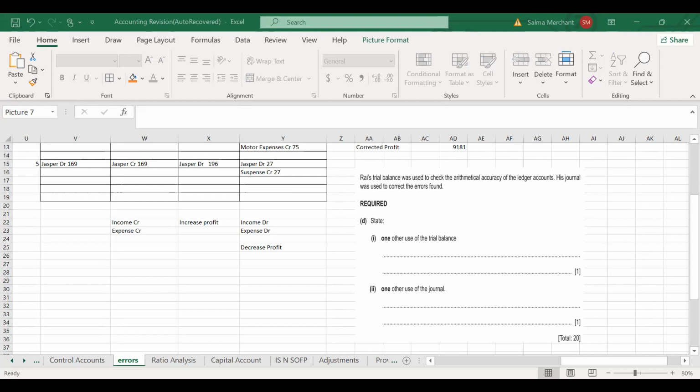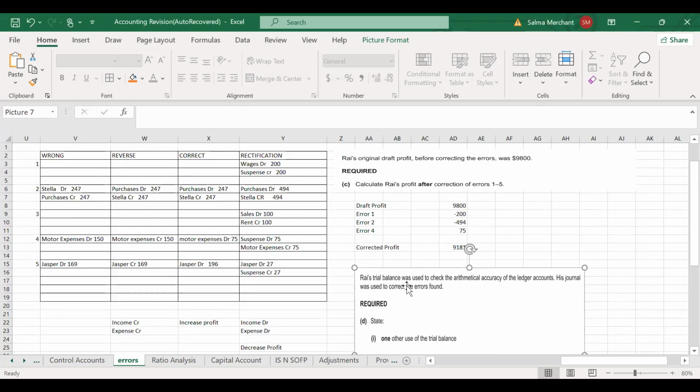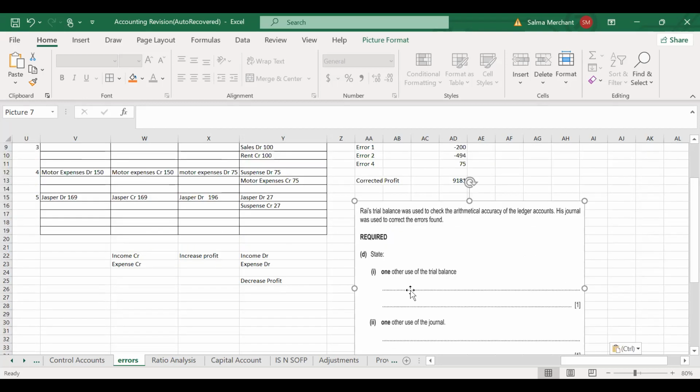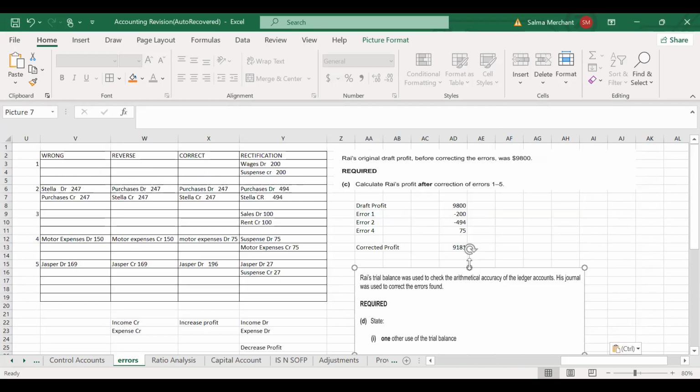The trial balance is used to check the arithmetical accuracy. They want one more use of the trial balance. So one use of the trial balance is to check the arithmetical accuracy.